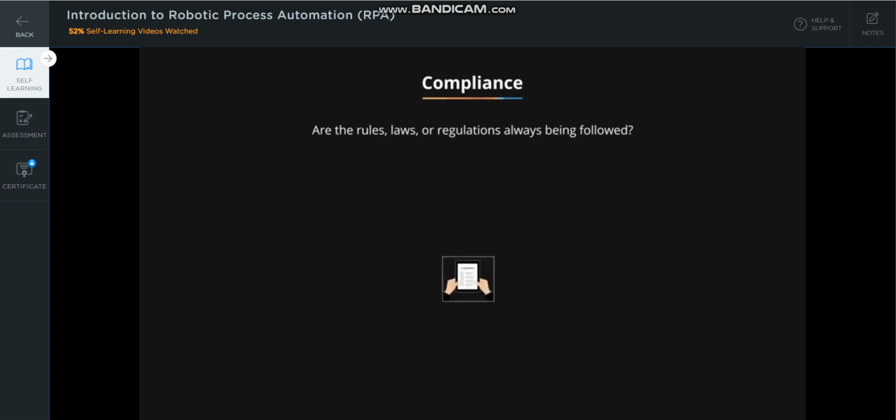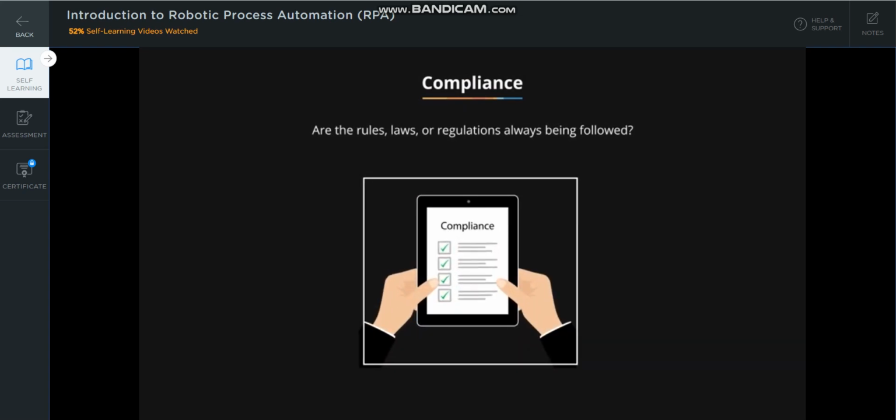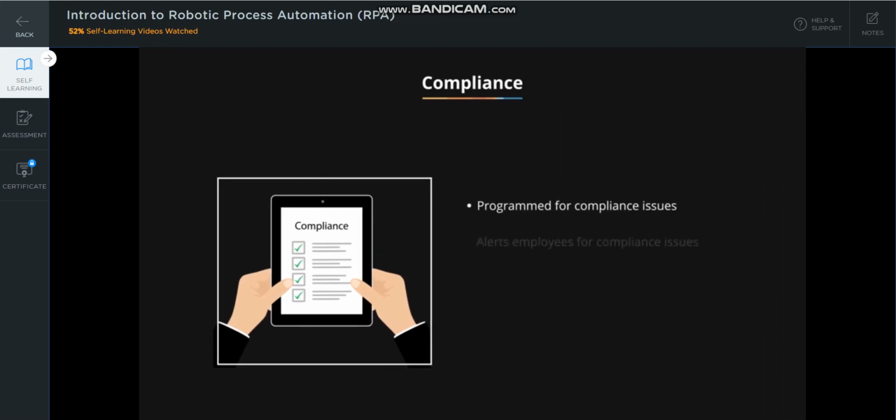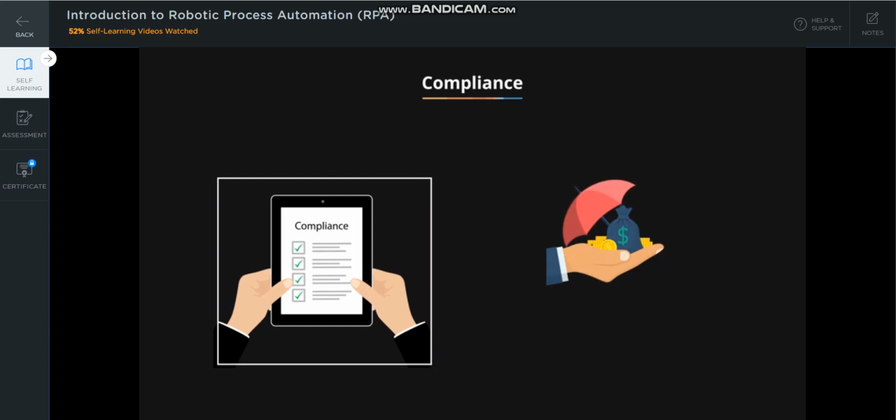Are the robots making sure the rules, laws, or regulations that govern some processes are always being followed? Robots can be programmed for compliance issues and will alert employees to compliance issues every time so decisions can be made safely. For example, in the insurance business and banking and finance industries, there might be 3 points of validation required and other compliance rules.